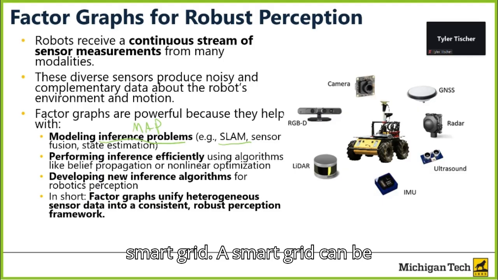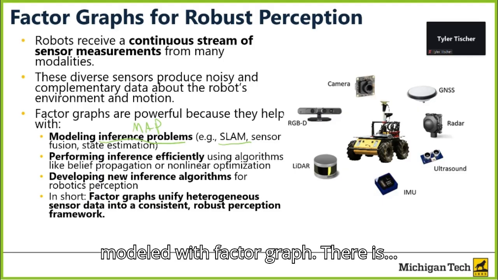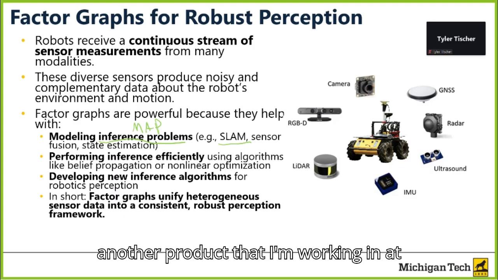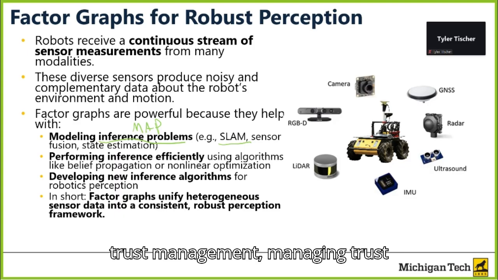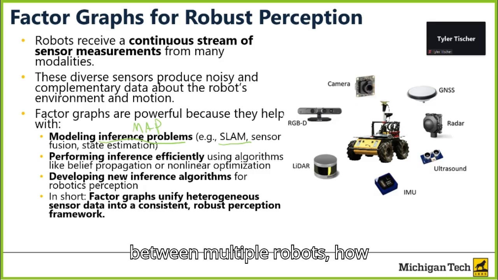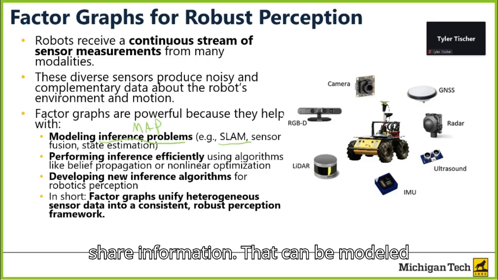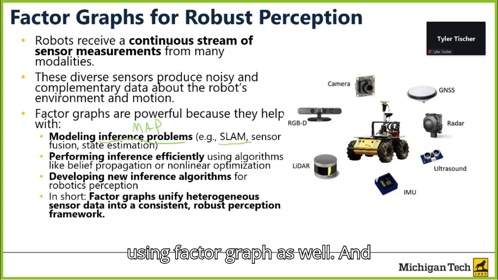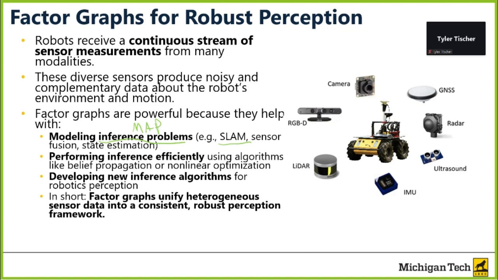A smart grid can be modeled with a factor graph. There is another project that I'm working on, trust management, managing trust between multiple robots, how robots can trust each other when they share information. That can be modeled using a factor graph as well. And so many other applications.